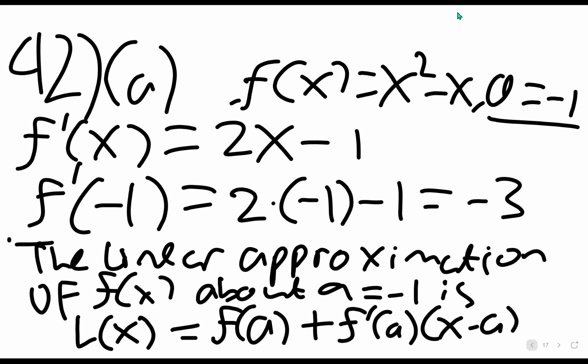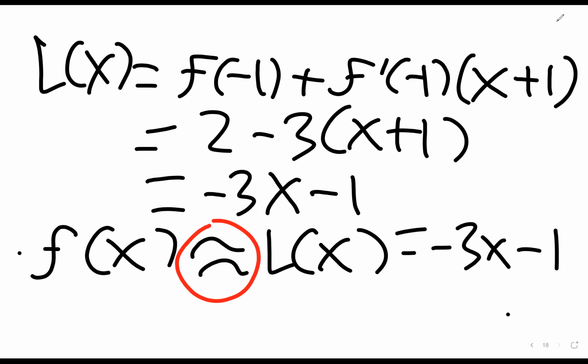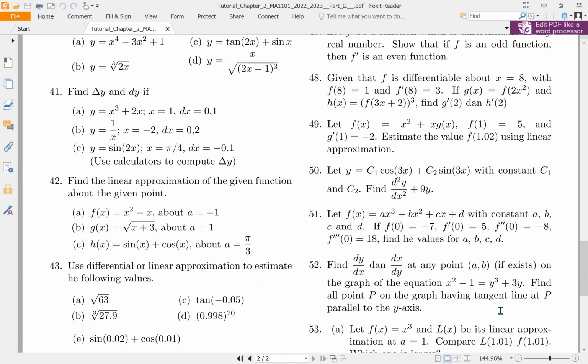If you consider parts B and C, you'll see that the linear approximation of g of x equals square root of x plus 3 about a equals 1 is simply L of x equals g of 1, where g of 1 is square root of 1 plus 3, which is 4, square root of 4 is 2, plus g prime of 1 multiplied by x minus 1.